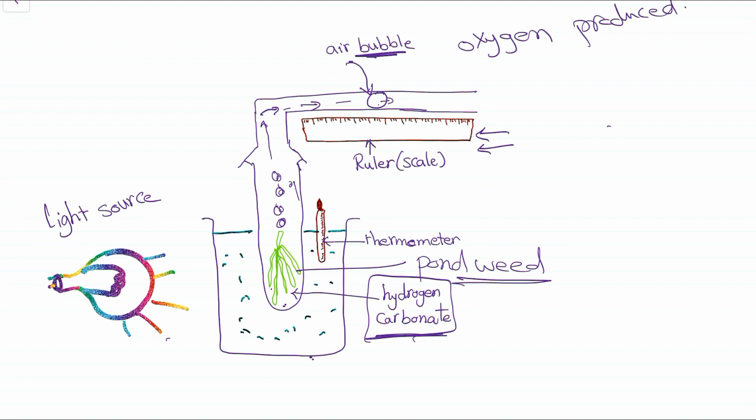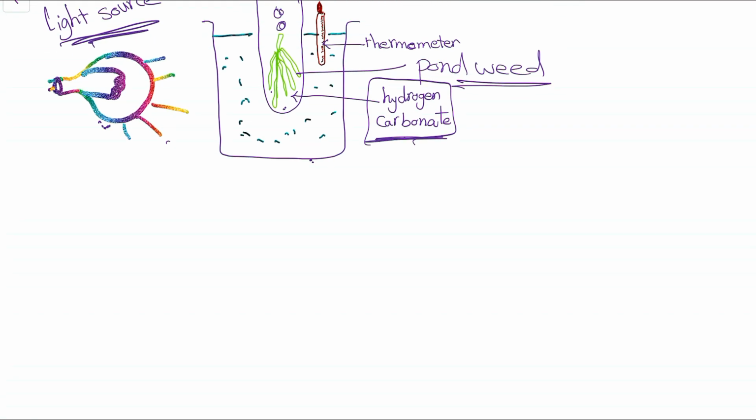And for sure, there is no photosynthesis without a source of light. According to the intensity of the light, we can change the movement or the reading of the ruler. But we have some factors which should be fixed, should be controlled. We cannot change these factors.